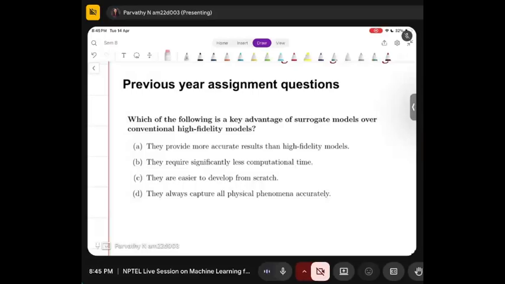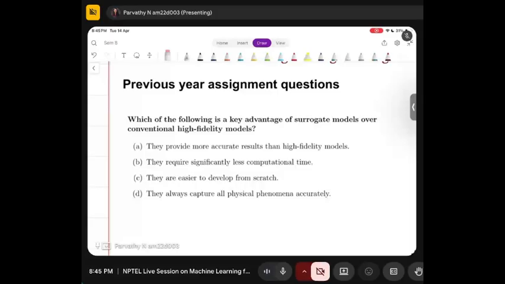In the solution, which will be uploaded, they explain that surrogate models are designed to approximate the behavior of high fidelity models while being computationally cheaper. Their primary advantage is efficiency, as they trade off some accuracy for significantly reduced computational cost.